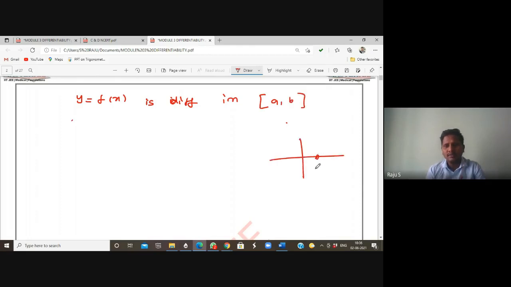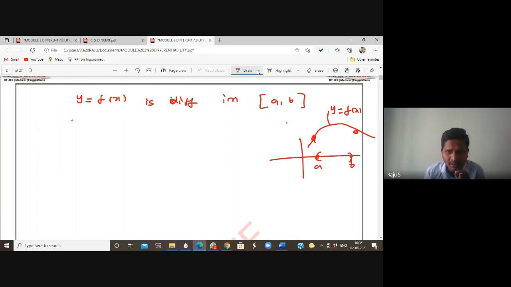So what is meant by this? This is a, this is b. I want to take the closed interval. There is a graph like this. I want to check from a to b in the closed interval a comma b whether this curve y is equal to f of x is differentiable or not.